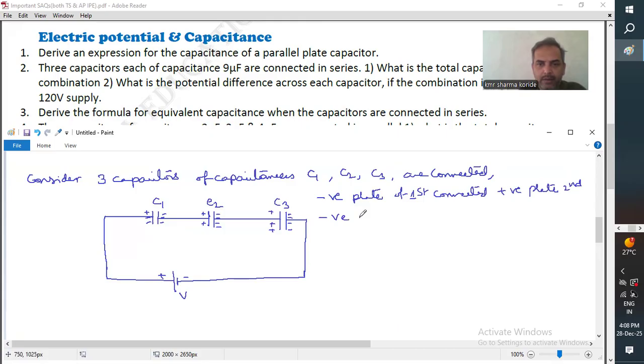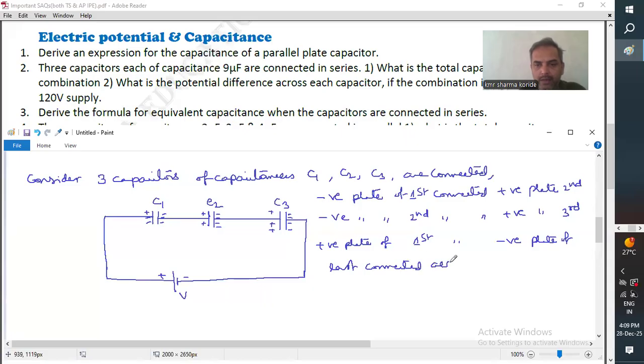Negative plate of the second is connected to the positive plate of the third, and so on. Finally, the positive plate of the first and the negative plate of the last are connected across the terminals of the battery.